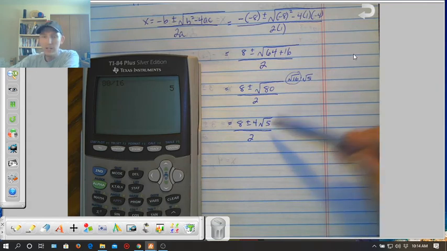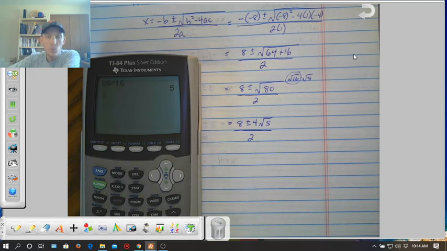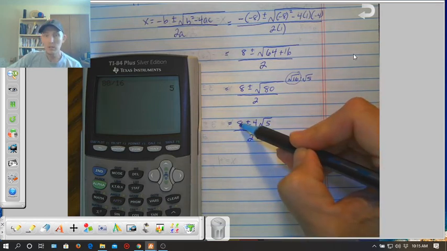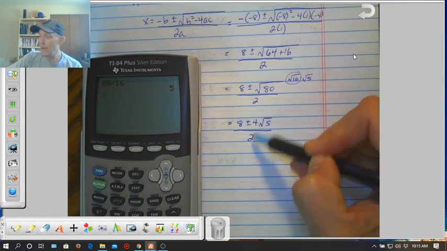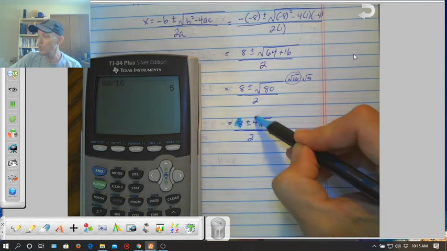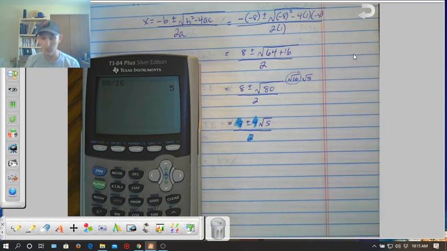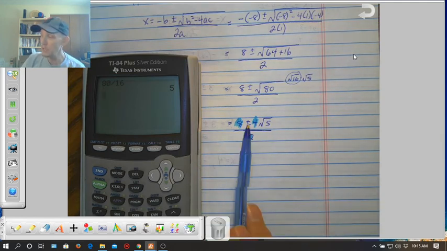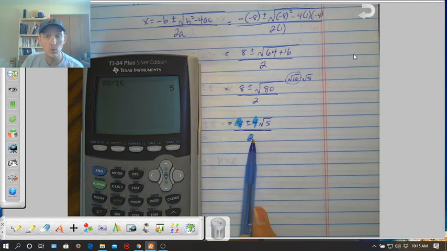Now this is as far as I can simplify this radical, so this answer is essentially done. There is one final thing that we need to look at for this particular problem. This is not always going to happen, but it does happen here. Everything that is outside of the radical, the 8, the 4, and the 2, can reduce, but this is only the case if all 3 of these pieces can do it. 8, 4, and 2 are all divisible by 2.